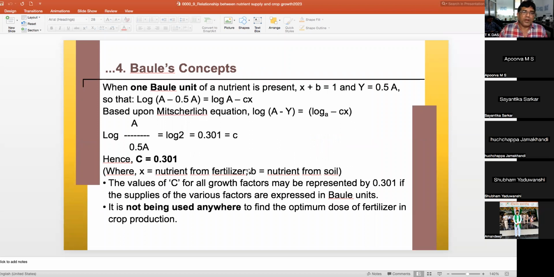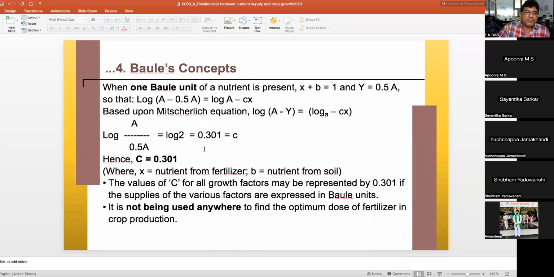Now, Paule's concept: when one Paule unit of a nutrient is present, that means x plus b is equal to 1 and y is equal to 0.5a, so that log a minus log 0.5a is equal to log a minus cx, based upon Mitscherlich's equation, log a minus y is equal to log a minus cx. So finally, this Paule concept can be expressed as log a divided by 0.5a is equal to log 2 is equal to 0.301, which is c.